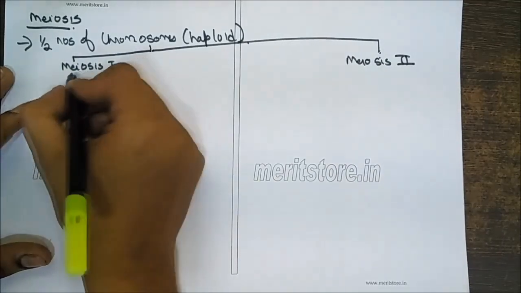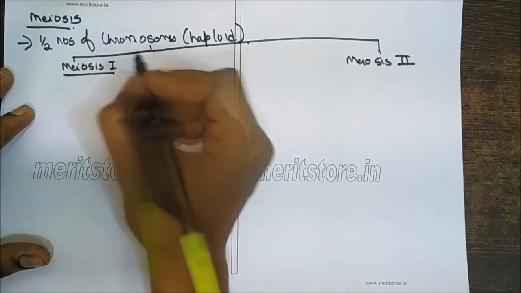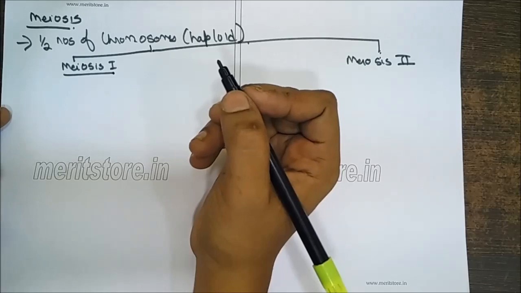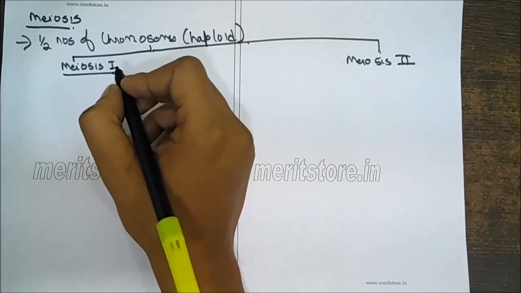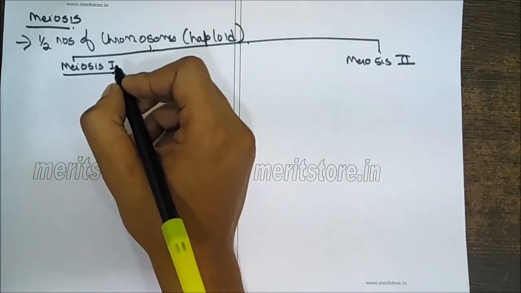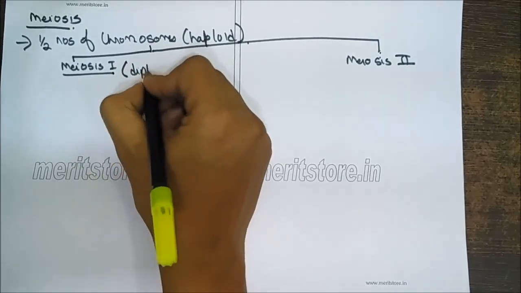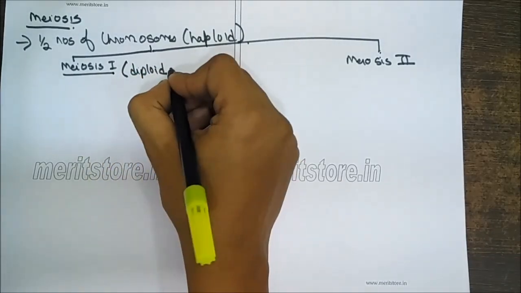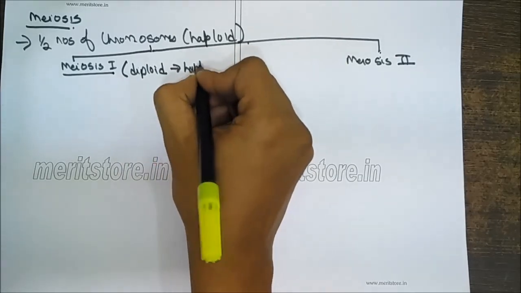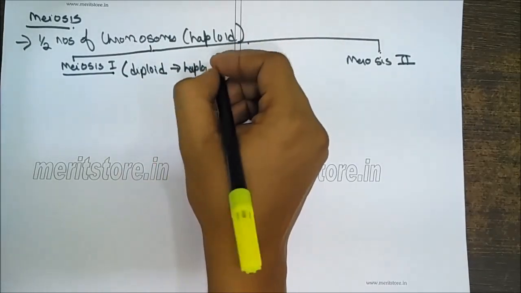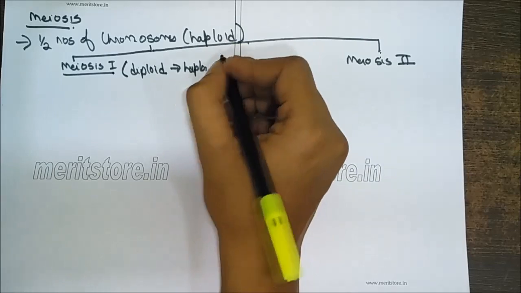Meiosis 1 is called reductional division. It is also called heterotypic division because it brings about the change from diploid to haploid. Hence it is called heterotypic.